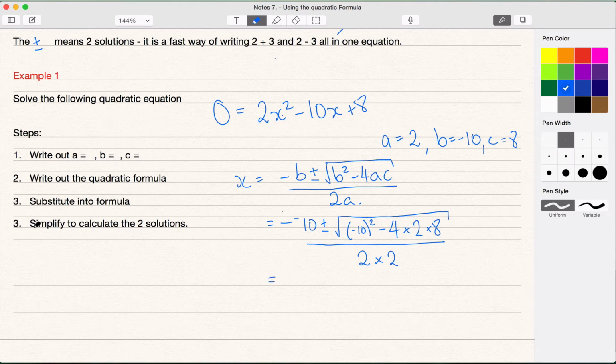Fourth step, simplify. So let's go. Negative 10 makes a positive 10. Negative 10 squared, negative times a negative is a positive, which is 100. Minus negative 4 times 2 is negative 8. Negative 8 times 8 is negative 64.